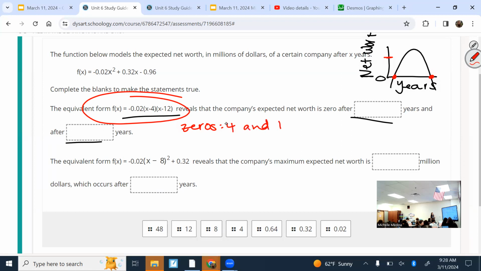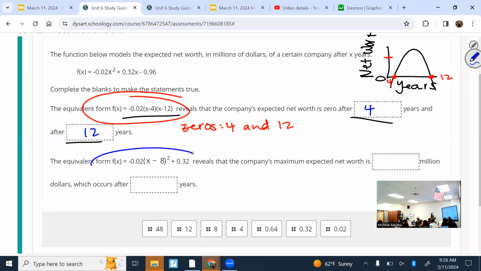Okay, good. And again, when in doubt, graph it, see where it touches. The only thing that I think you would really need to be able to do is know where the net worth would be zero at. So no, net worth goes on the y, zero on the x-axis. So then this answer is 4 and 12.